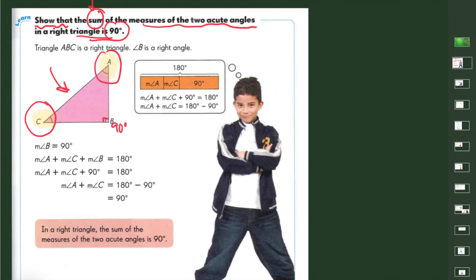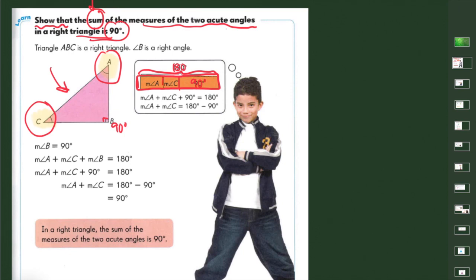Now, why is that? Because we know that for the whole triangle, all the angles when added together, we learned yesterday that the total sum of all angles in a triangle has to be 180. So in a right triangle, we know that one of those angles is 90 degrees.